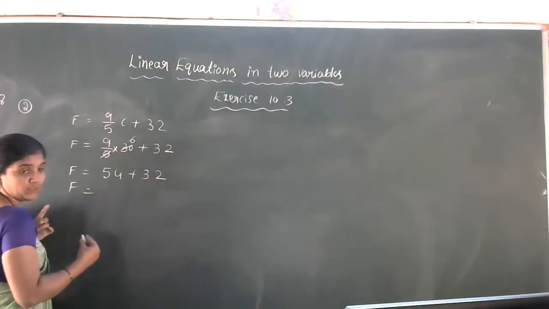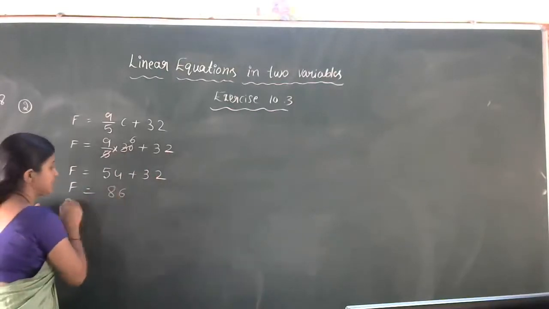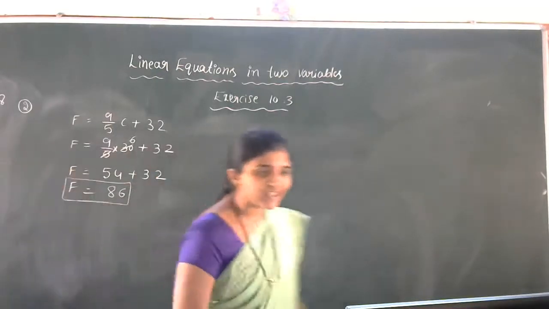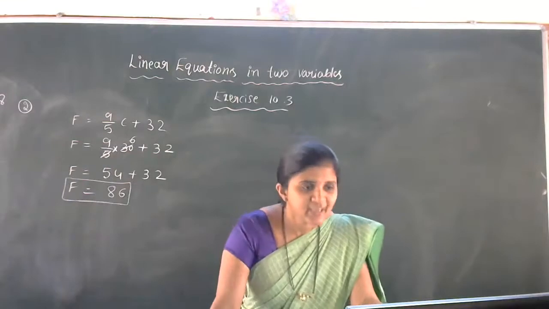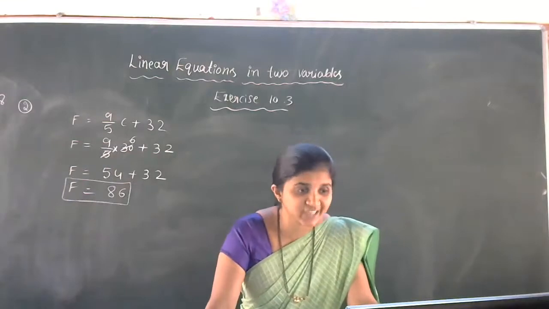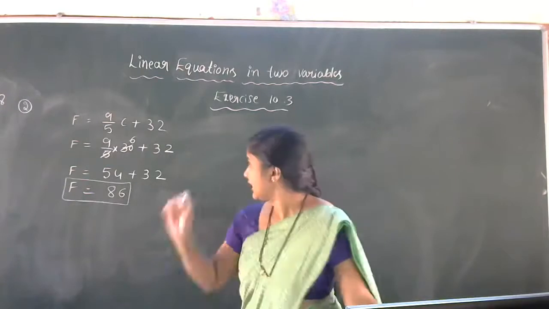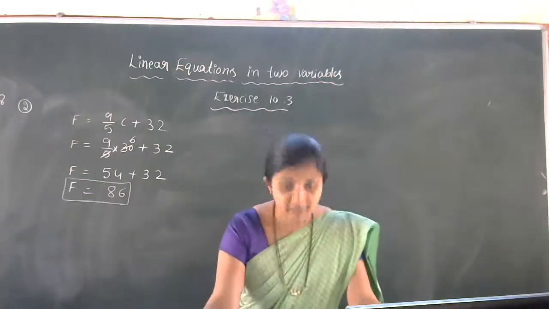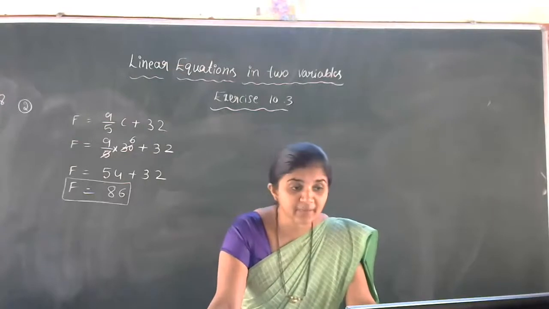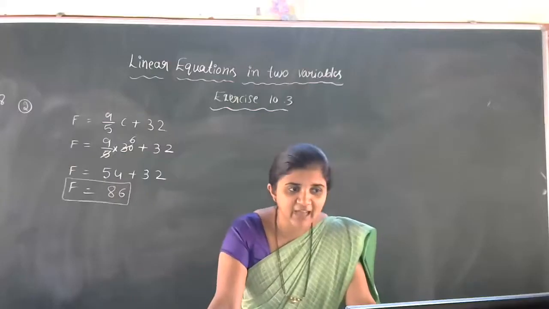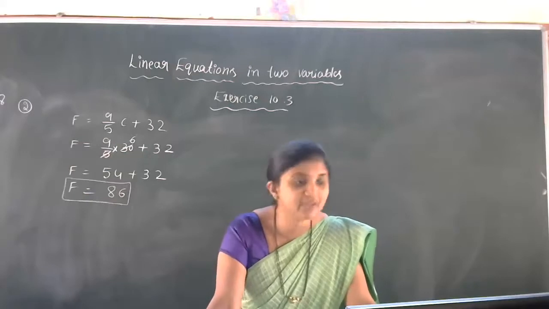What value? 86. In the Fahrenheit scale you will get 86. Got the idea of the second question? If the temperature is 30 degrees Celsius, then in the Fahrenheit scale the value is 86 degrees Fahrenheit.